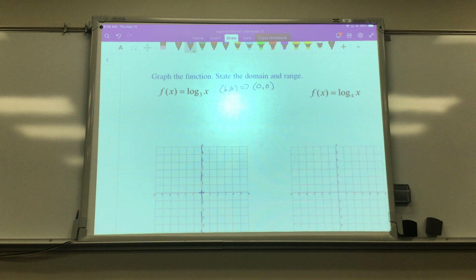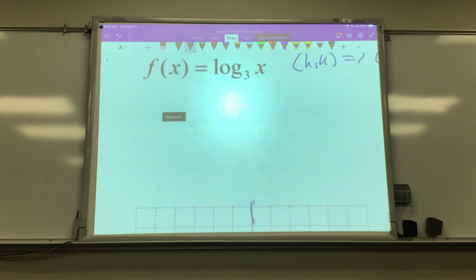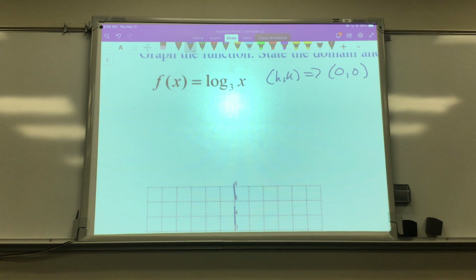Now, in these cases, all we're going to do is x and f of x, or you can think of it as y. Now, real quick, if I rewrote this and replaced f of x with y, that's going to say 3 to the y equals x, correct?